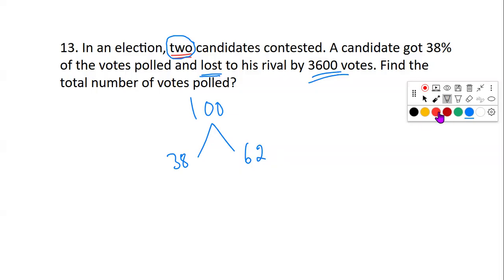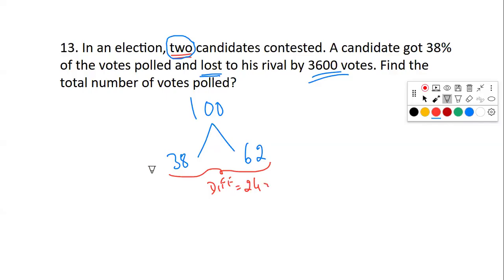Find the total number of votes. You are just thinking logically. Out of 100 votes, if one gets 38, the other gets 62. What is the difference? The difference is 12 minus 8, 4, and 5 minus 3, 24. The difference is 24. So if my friend had won this election, I will tell my friend, okay, won by a majority of say 24 votes.